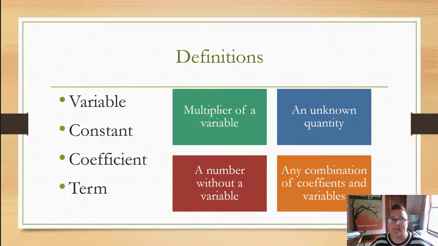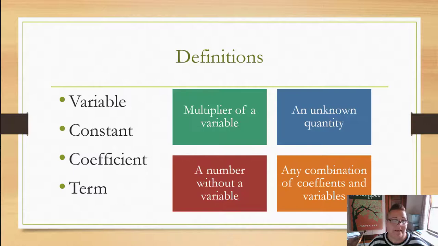The hard part here is that both coefficient and constant start with C, so sometimes people mix up those two words. Coefficients have variables, constants do not. Constants cannot vary, so they do not get a variable. That's how I always kind of plugged it into my brain, but coefficients are multipliers. They have to have a variable to multiply by.